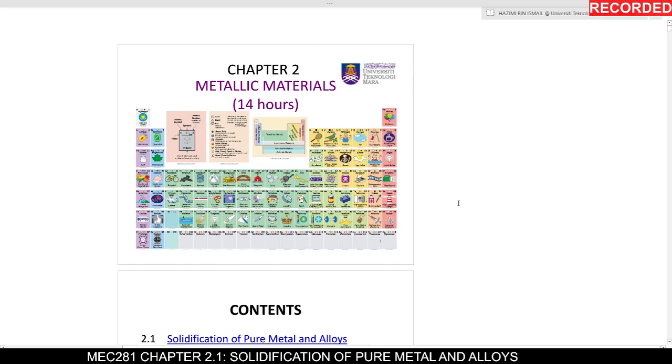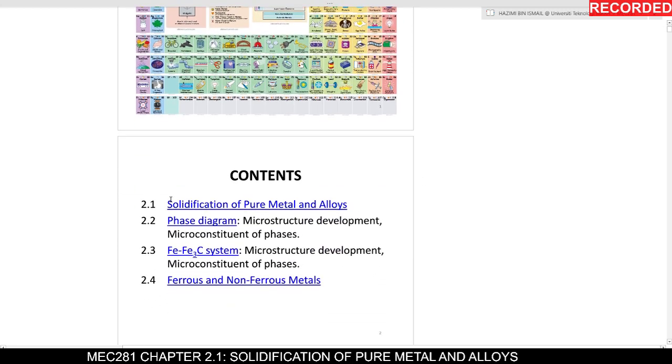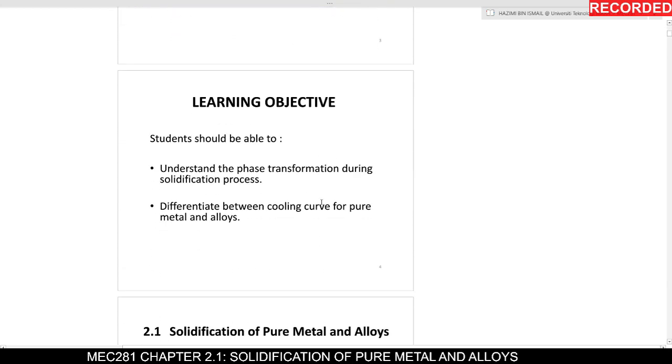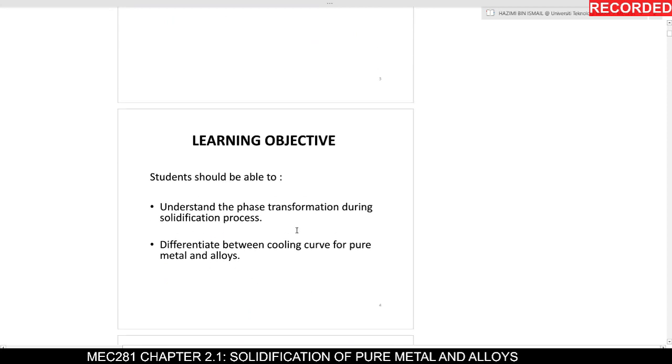So for this video, we are going to learn about the subchapter 2.1, solidification of pure metal and alloys. So the objective of this chapter is to understand the phase transformation during solidification process, and differentiate between cooling curve for pure metal and alloys.